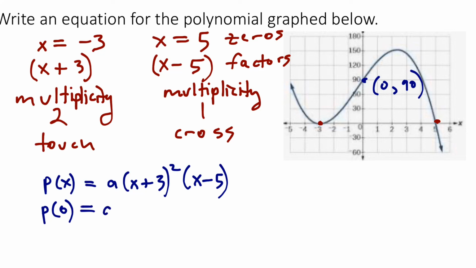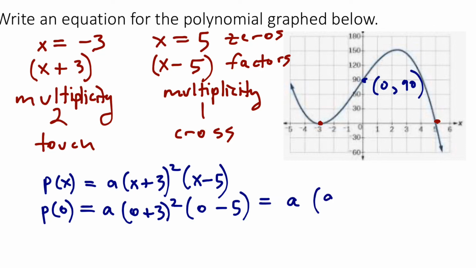So I've got a times 0 plus 3 squared times 0 minus 5, which is equal to a times 3 squared, which is 9, times -5, which is -45a. And that has to be equal to 90.